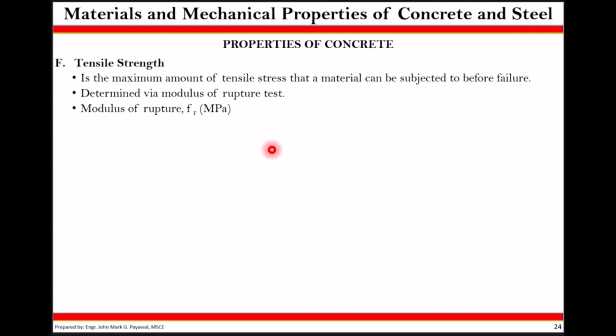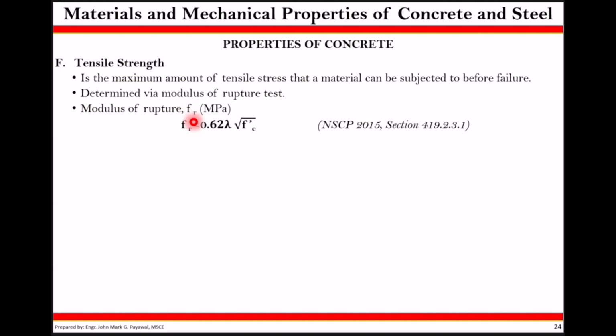The modulus of rupture is termed as fr. It is in megapascal. On the code, it is 0.62 lambda multiplied by square root of Fc prime. Before, what you can remember is fc or ft. That is stress in compression and stress in tension.